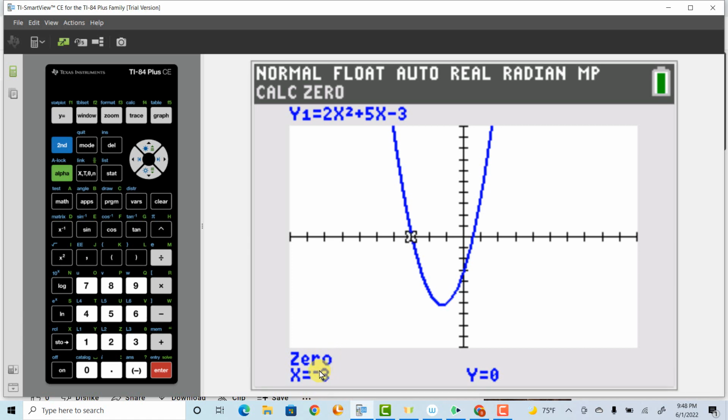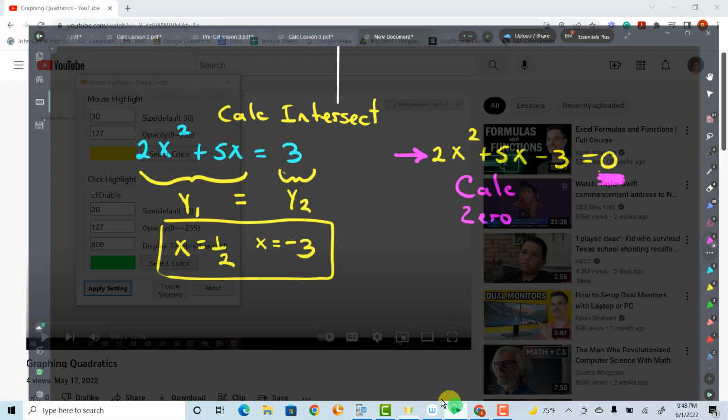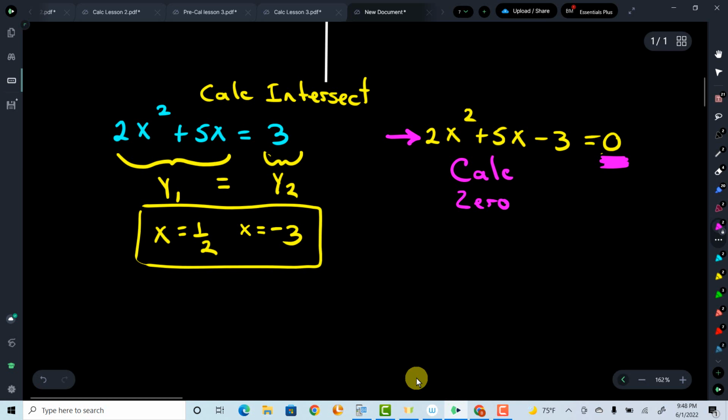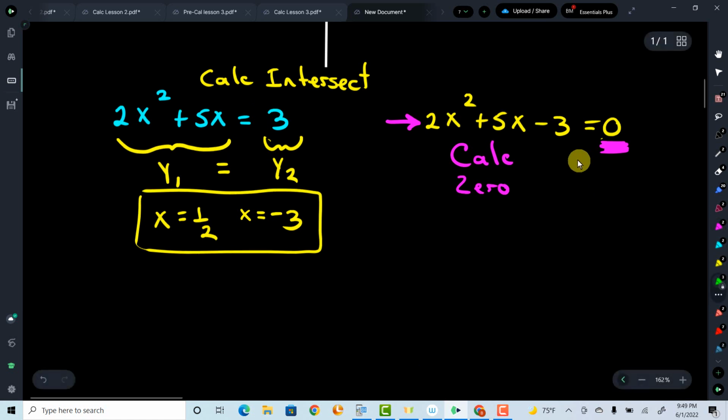Okay, so I've shown you two ways of calculating the solution to that quadratic equation. Now it doesn't matter what form the quadratic equation's in. You don't have to do a ton of work with it.